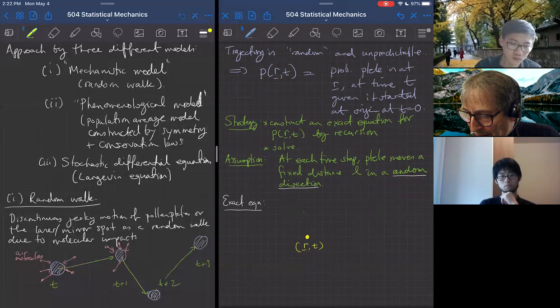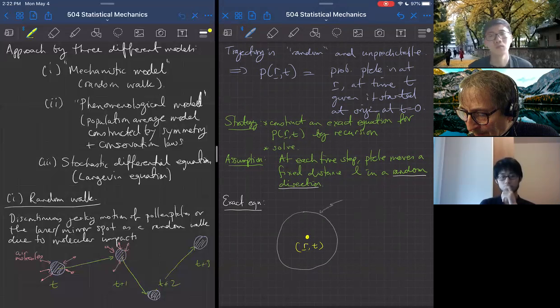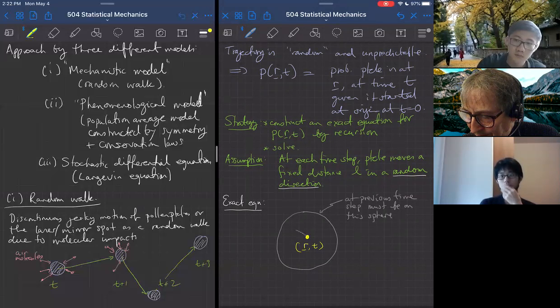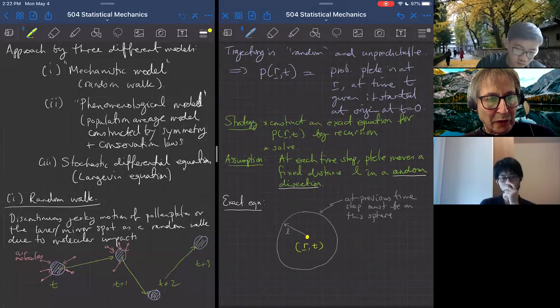So let me draw that sphere around like this. So that radius is of course l.